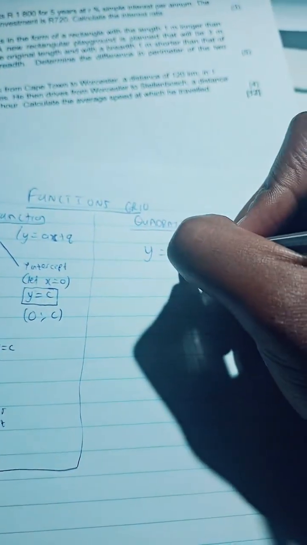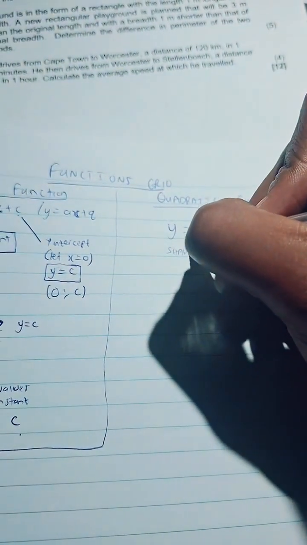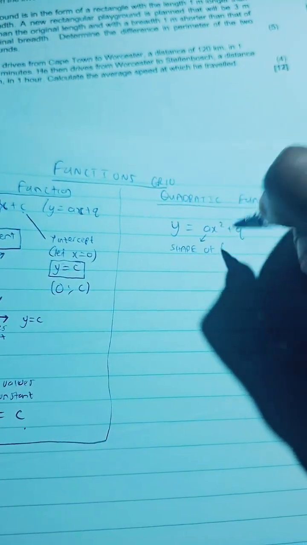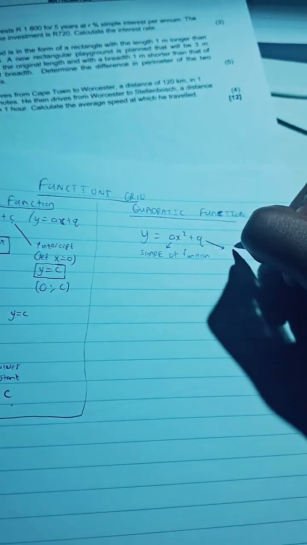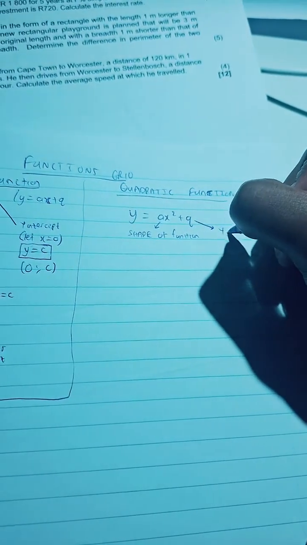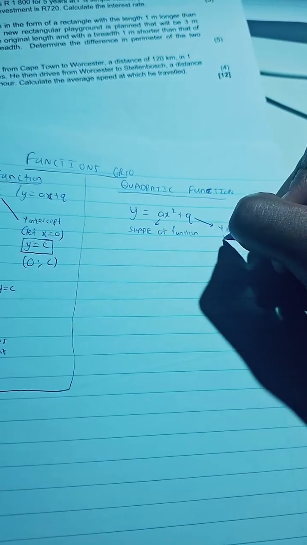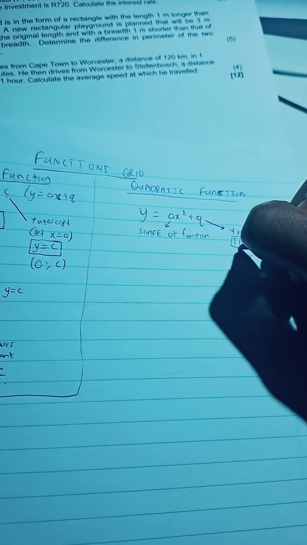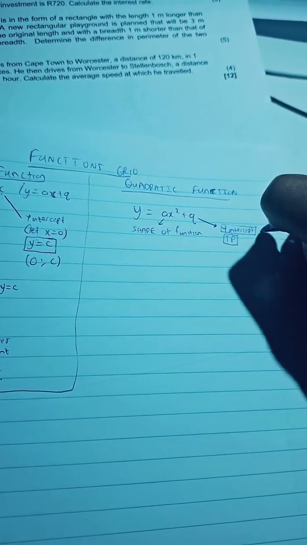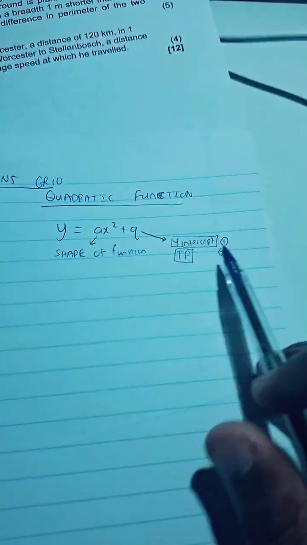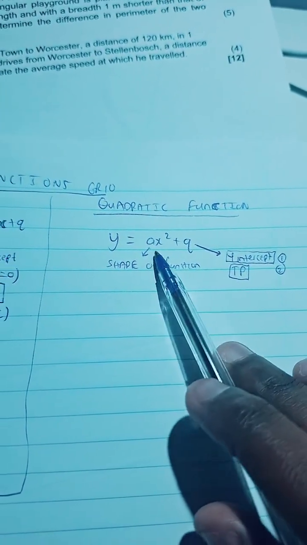Here a tells us the shape of the function, whereas q is the y-intercept in grade 10 as well as the turning point. So the y-intercept together with the turning point. So it's one of 2 things, your q value. And a will tell you the shape.